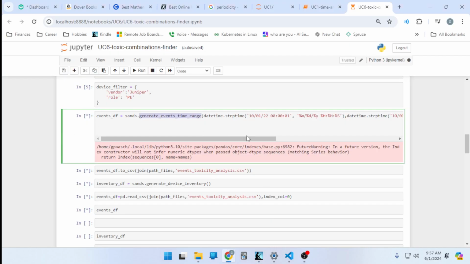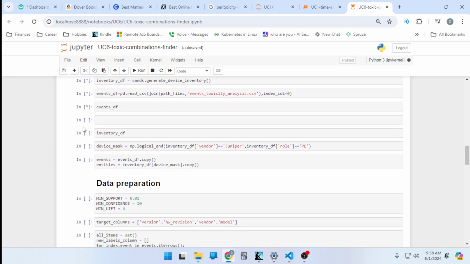So still working with this. We have a warning here saying that in a future version, but it should be fine for now. All right. So we're not going to be using the existing file.